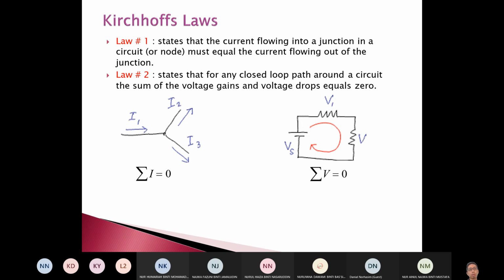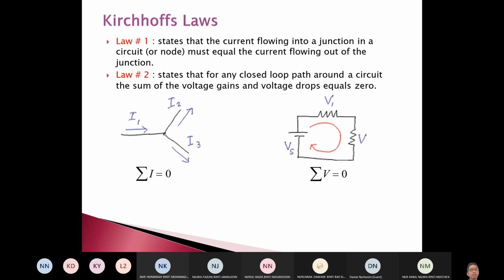If it is flowing in, it must be equal to the flowing out. Or if all of those are flowing in, then the summation of that should be 0. Meaning that with the direction I1 to that junction, I2 to that junction, I3 to that junction, the total I should be 0.